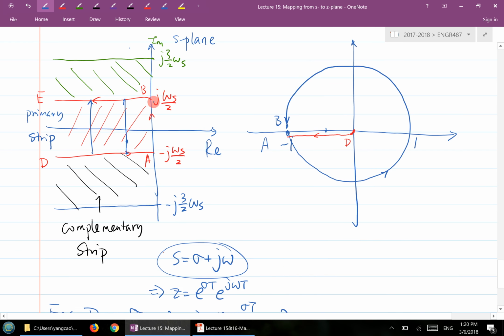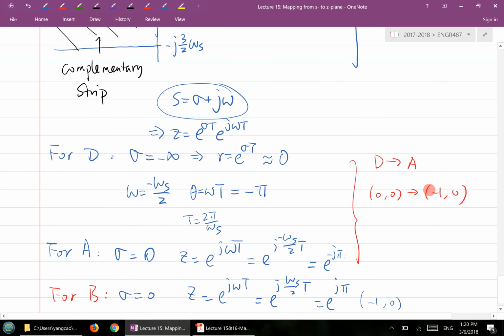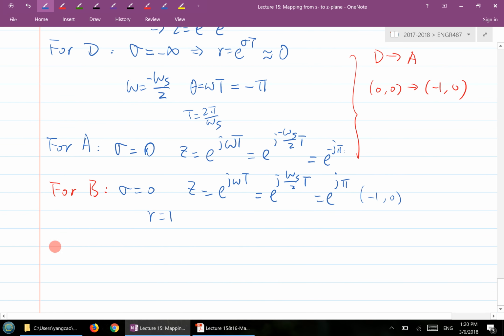So finally, moving from B to E here. You can probably figure out now that for the E location, sigma is negative infinite, and then r is approximately 0, and theta is omega s over 2 times t, which is pi, right?